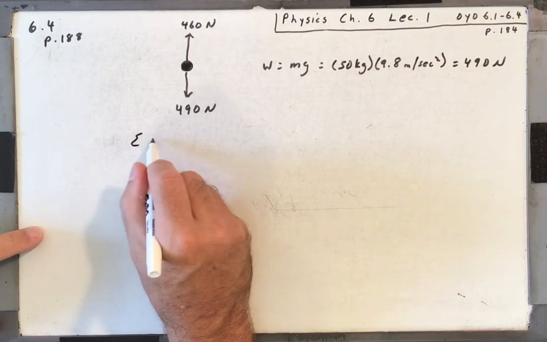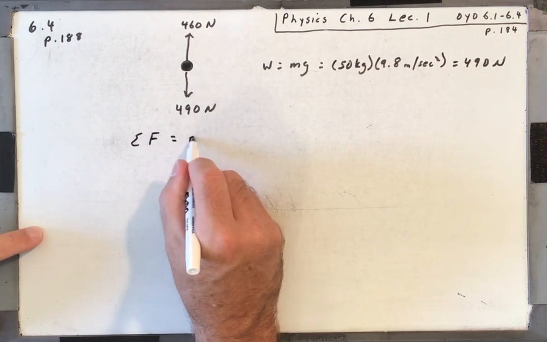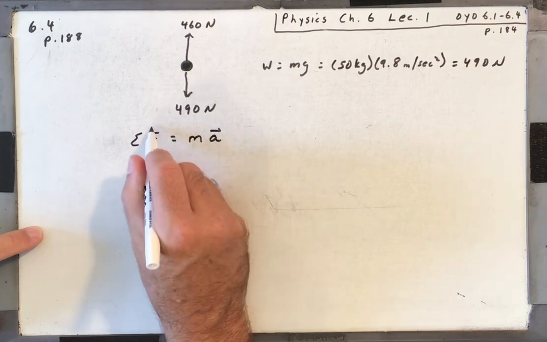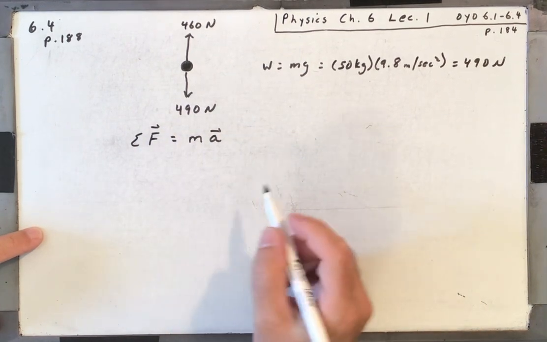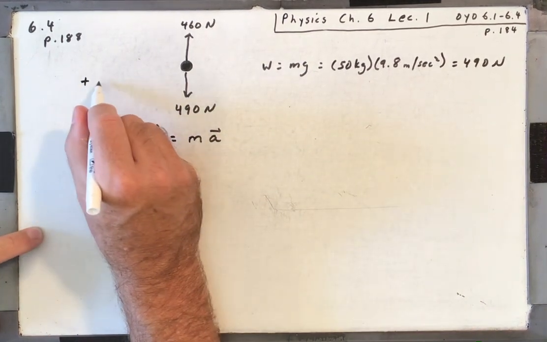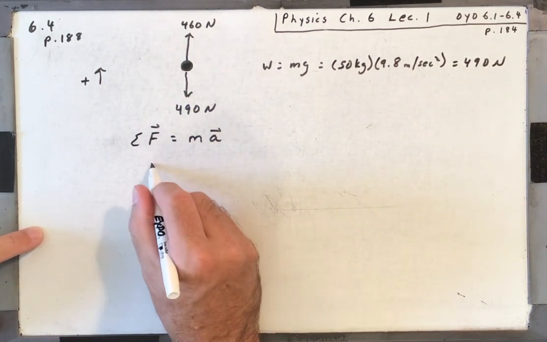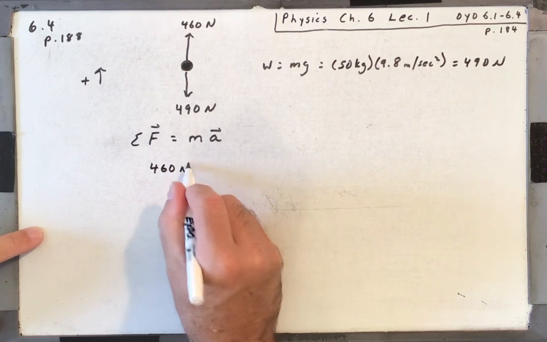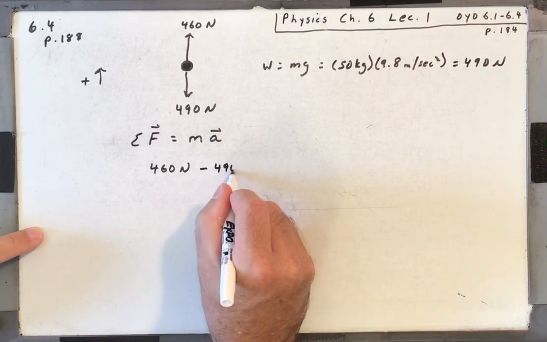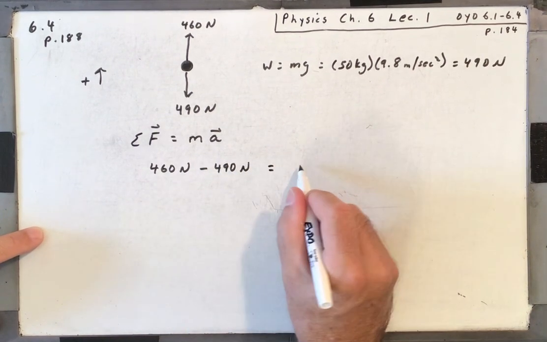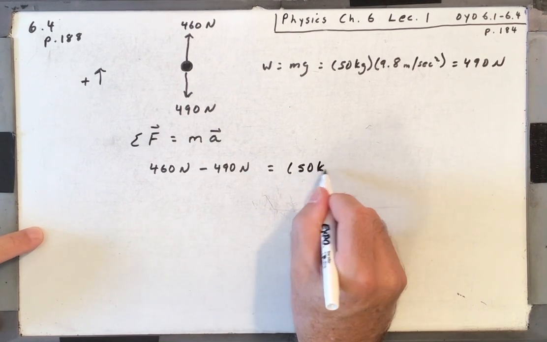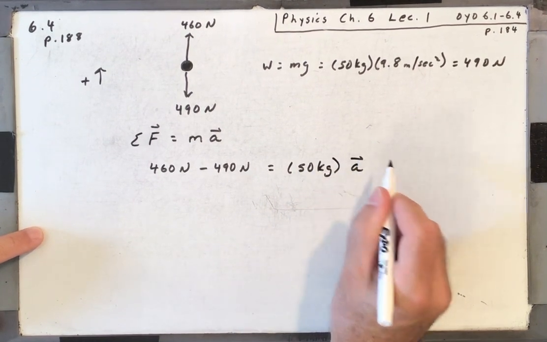So the summation of all the forces is equal to mass times acceleration. Remember, this is applications of Newton's second law. And let's say that up is the positive direction. So I would have 460 newtons going up minus 490 newtons going down is equal to 50 kilograms times acceleration.